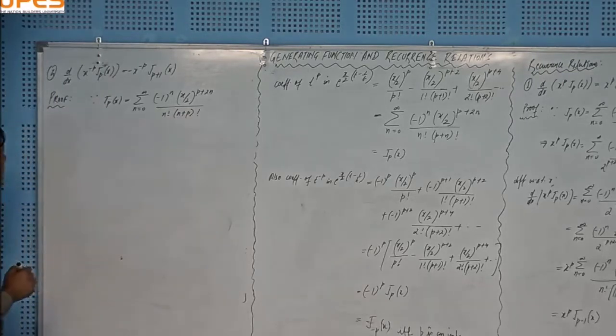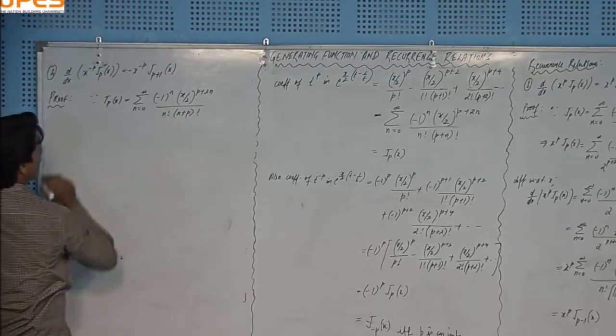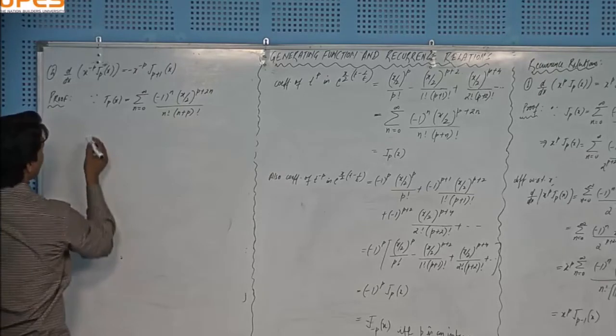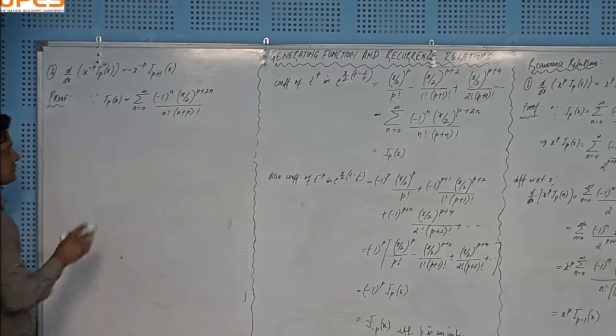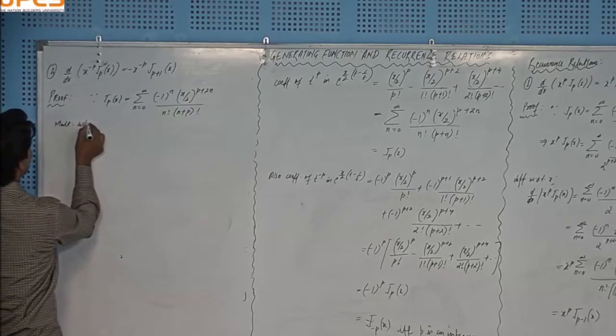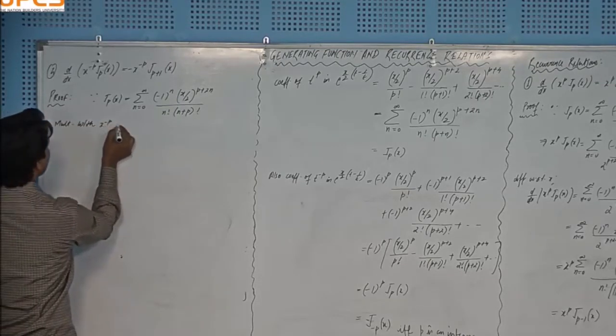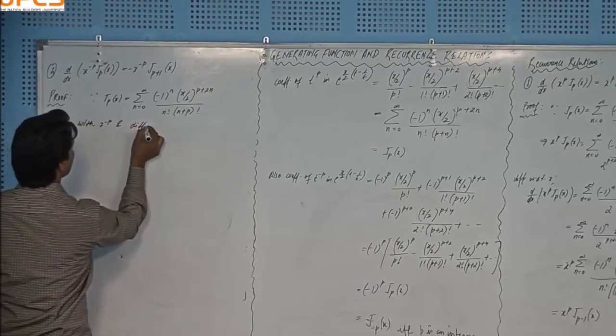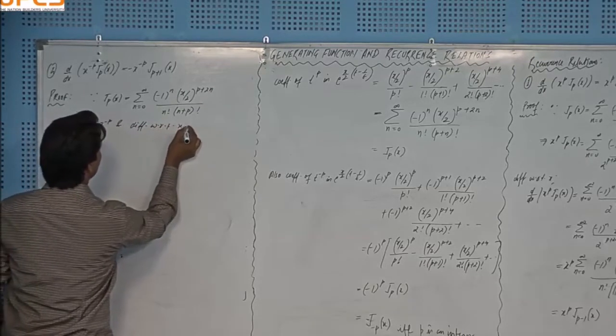This time you have to multiply with x to the power minus p and then differentiate it. I am doing those steps in one step only, multiplying with x to the power minus p and differentiating with respect to x.